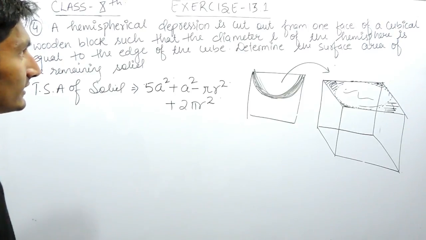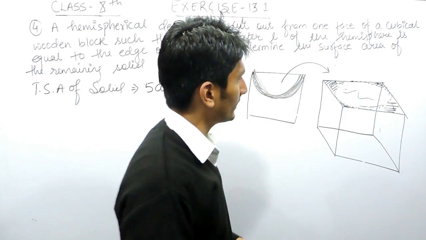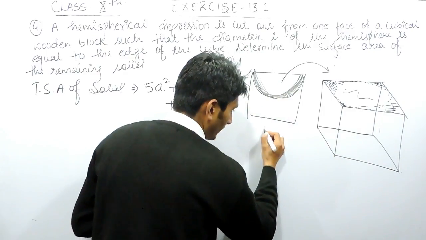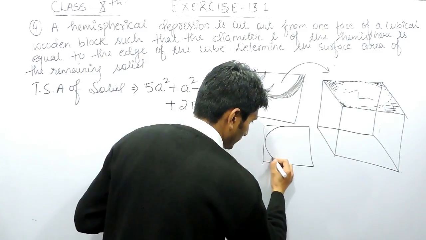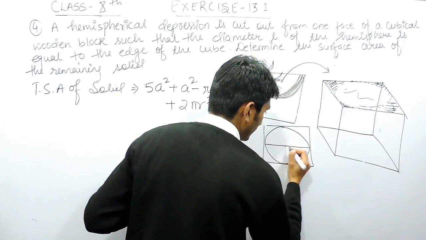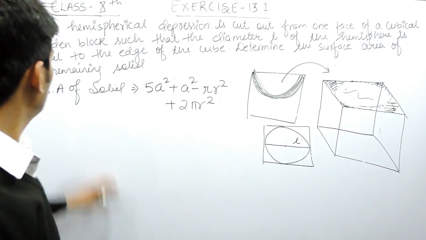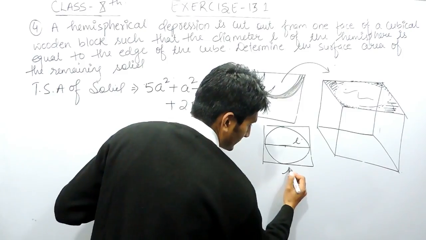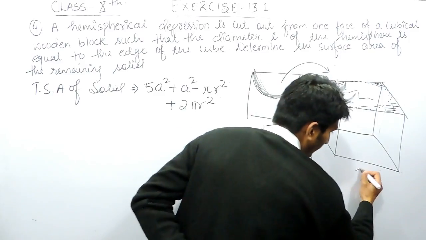Again, one thing is important. It is given that the diameter L of the hemisphere is equal to the edge of the cube. If I make another diagram, this diameter and this edge are the same for both figures.